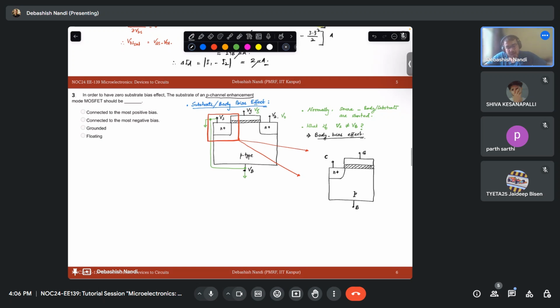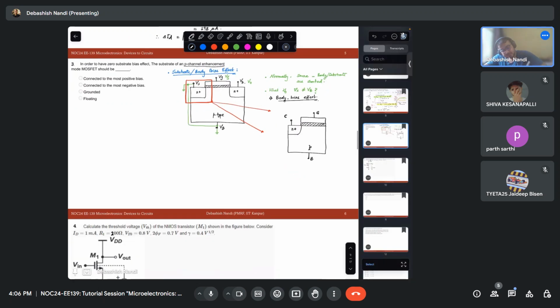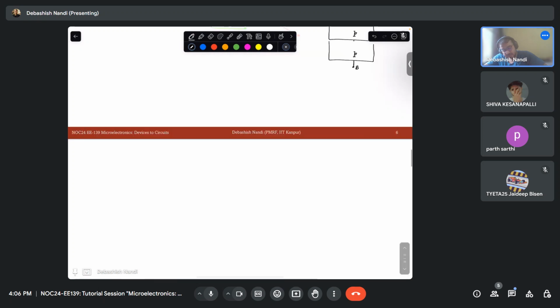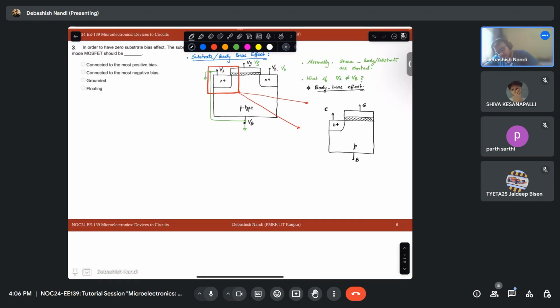So how do you think the depletion region and inversion region will look like? First, let me just mark the inversion region. Let's say this is your inversion region, and around this is your depletion region.